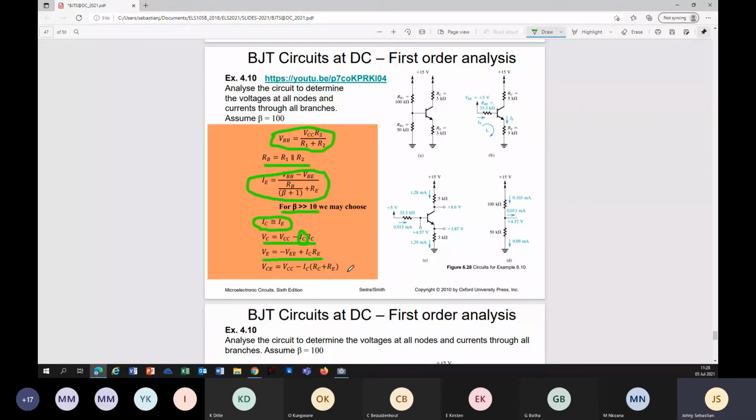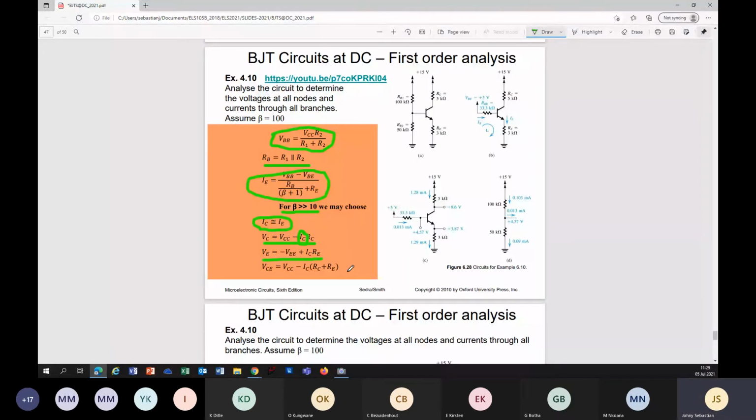Now we will take this same problem and work it out. What you need now is a calculator with you. First, let's make the diagram. RC, RE, that is R1, this is R2, ground, 15 volt.